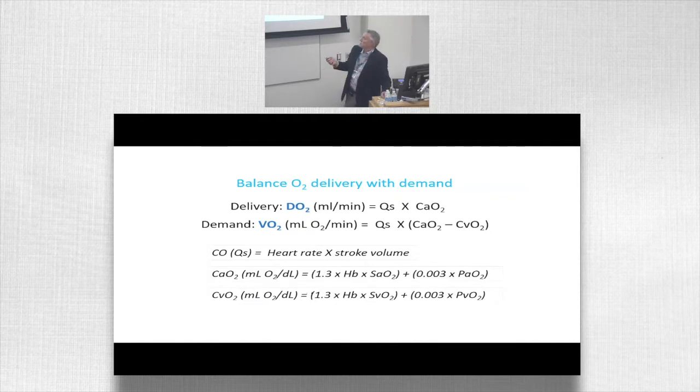We can sometimes calculate the oxygen delivery by the cardiac output and the content of oxygen in the arterial system. We can look at utilization, the demand of oxygen, by oxygen content coming back to the heart and the cardiac output. Measure cardiac output, we can do these calculations. But we need to have targeted sampling to be able to do that.